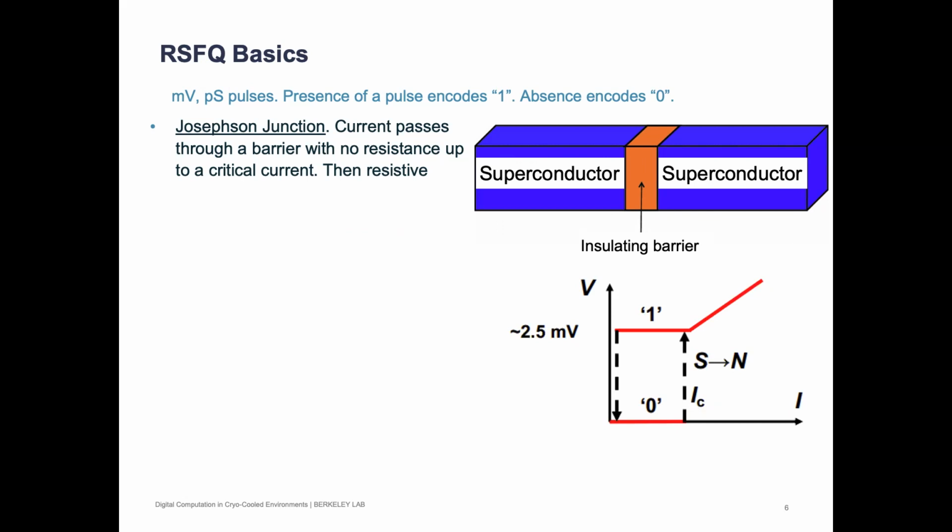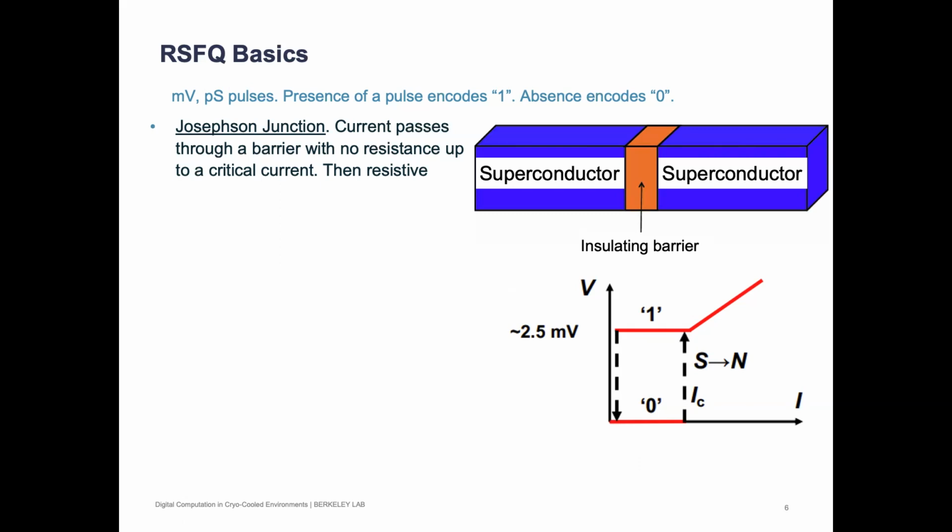When the current exceeds that critical value, the critical current, the device jumps to the resistive state and actually has resistance with more current. And then again, when the current drops below another value, it goes back to the superconducting state, which is a really interesting behavior. So the goal here is to build logic and to compute using that behavior.